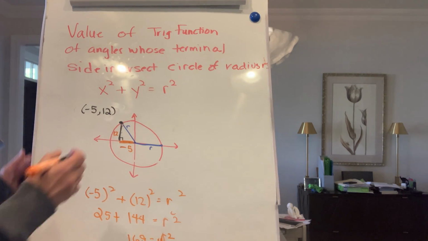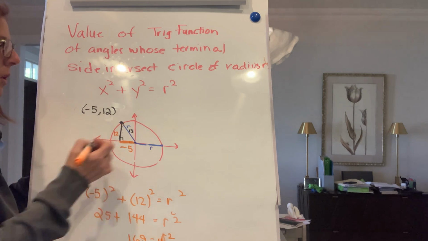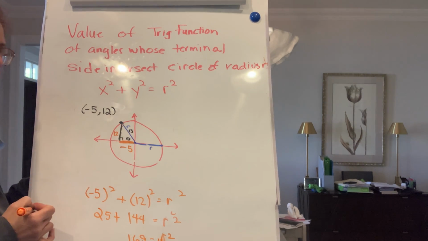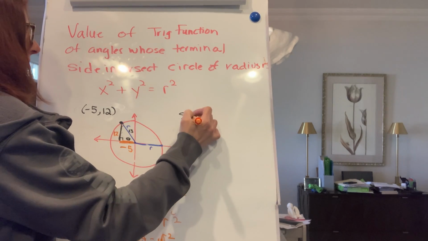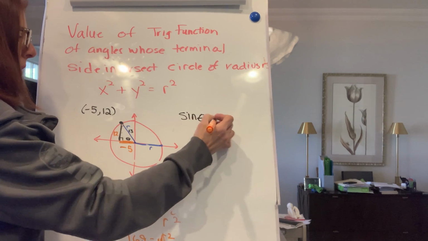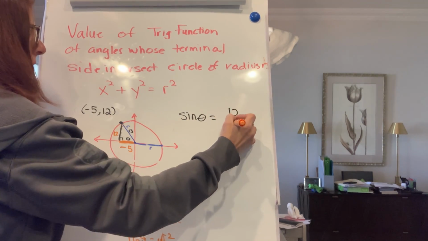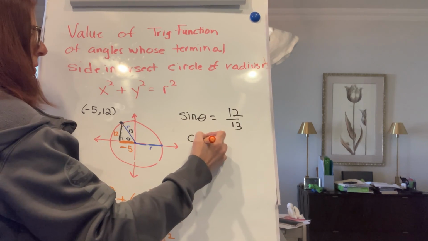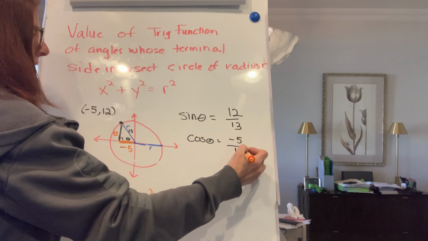Okay. All right, so now I have all sides of this triangle. So even though I don't even know what that angle is there, I can go ahead and calculate the sine, cosine, and tangent. The sine here would be opposite 12 over hypotenuse 13. The cosine would be -5 over 13.